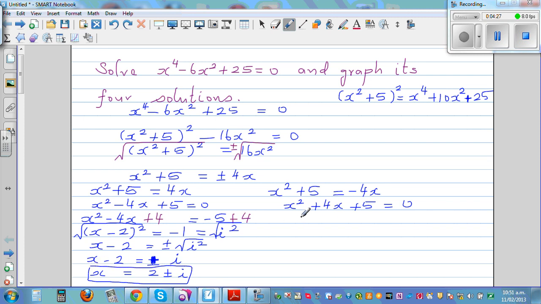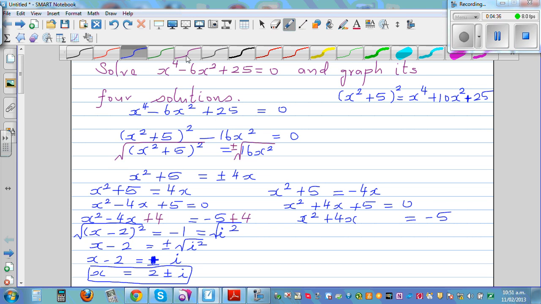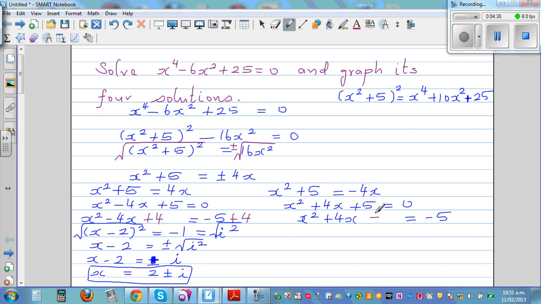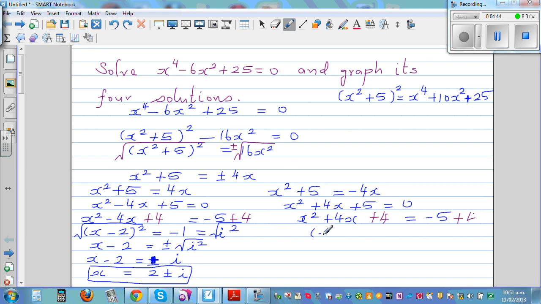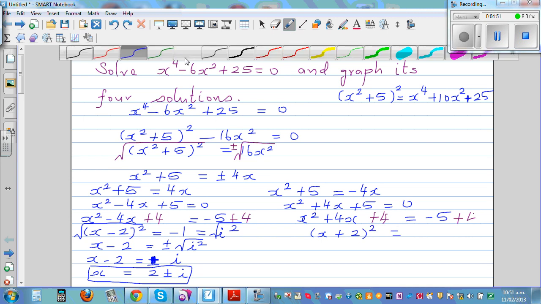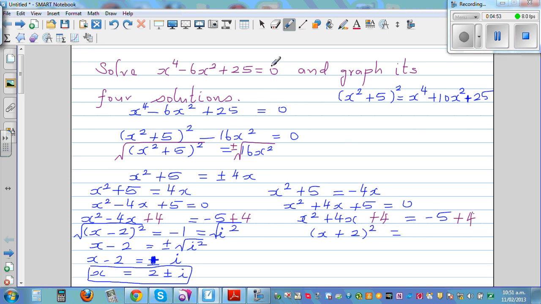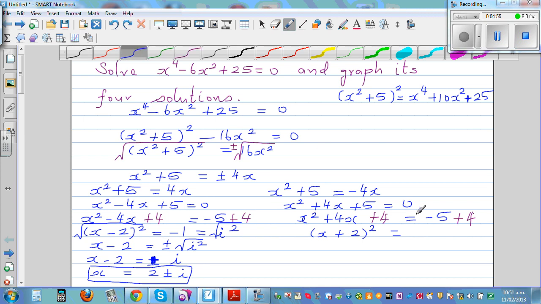Now the same process here. x squared plus 4x is equal to negative 5. I'm going to add 4 to this side, and add 4 to this side. So this becomes x plus 2 the whole squared is equal to minus 1.